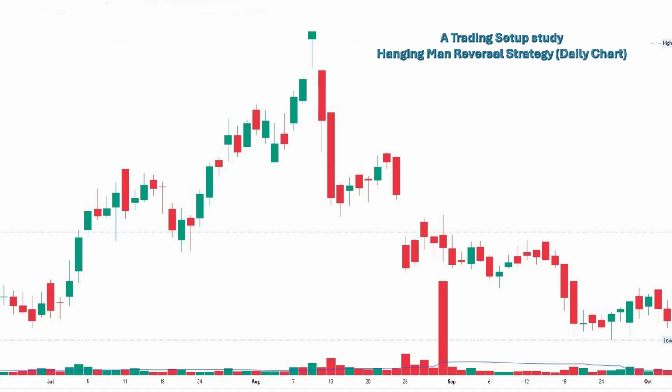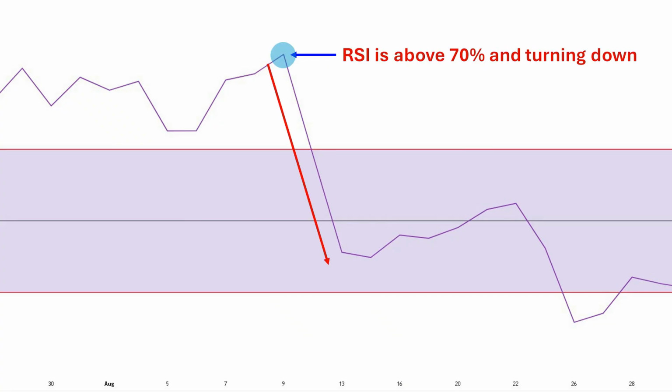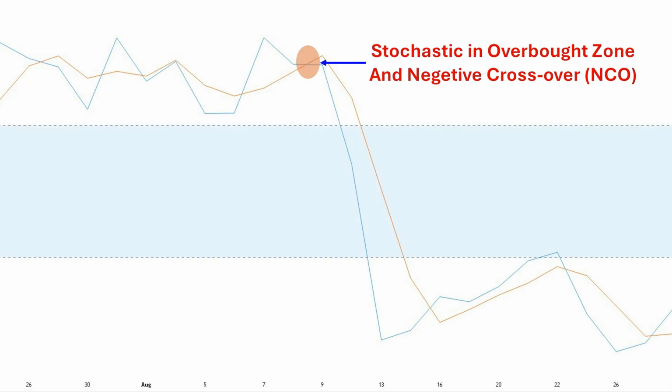A trading setup study: Hanging Man Reversal Strategy, Daily Chart. The hanging man appears after a clear uptrend, signaling potential weakness in the daily time frame. RSI is above 70 and turning down. Stochastic is in the overbought zone, crossing downward and forming a negative crossover.